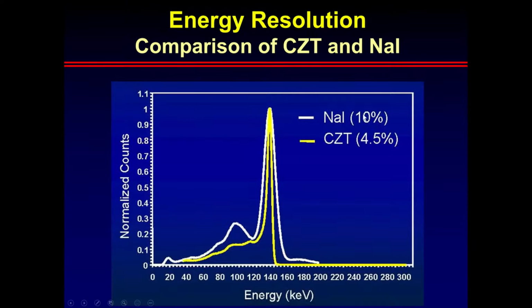So, we have about a 10% discrimination with sodium iodide, but we can get down to half of that with CZT in terms of identifying photons that are 140 keV that really are 140 keV. Okay, so the pulse height analysis is much better with CZT, and there are a lot of these new CZT cameras on the market because of their better energy discrimination and because of other issues that make them better cameras in general.